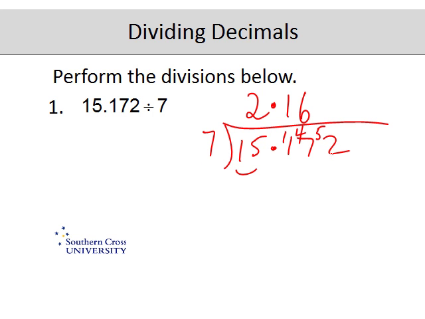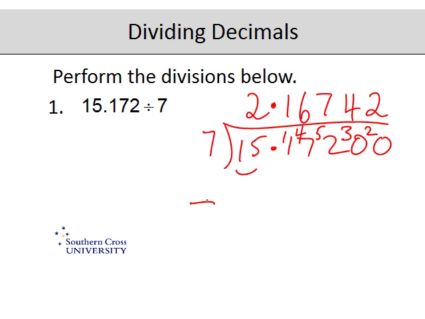And 7 into 52, well, 7 sevens are 49, that will be 3 left over, and we can put a couple more zeros. 7 into 30, 7 fours are 28 and 2 left over, and 7 into 20 will go 2 times, 2 sevens are 14, and there'd be 6 left over. But that will do for now.